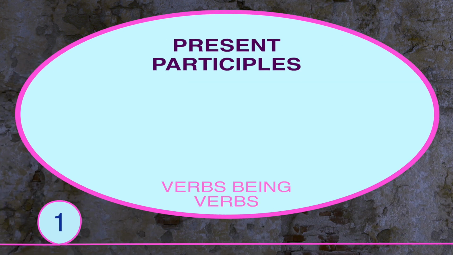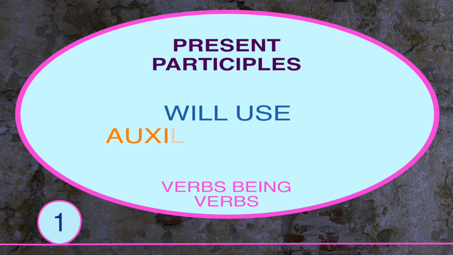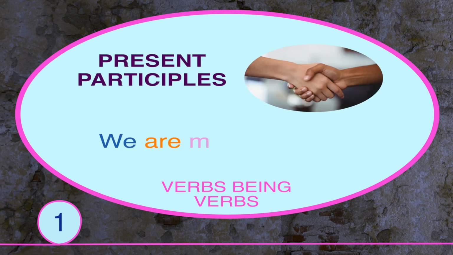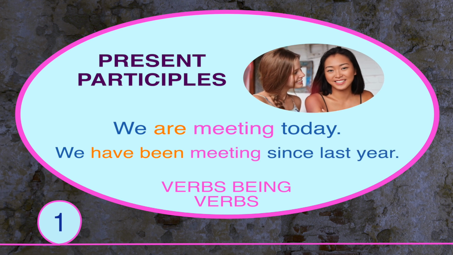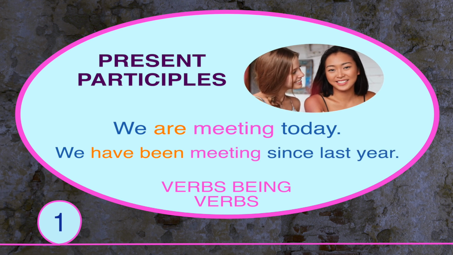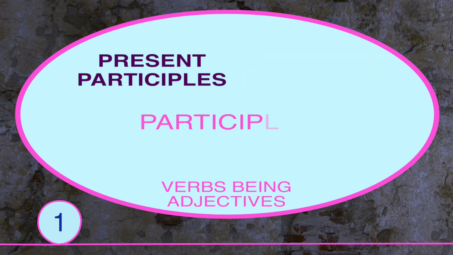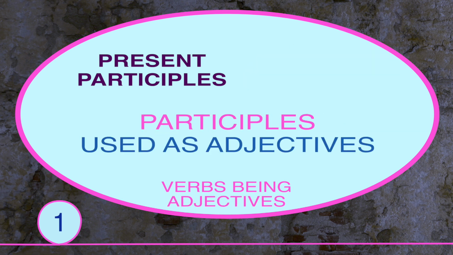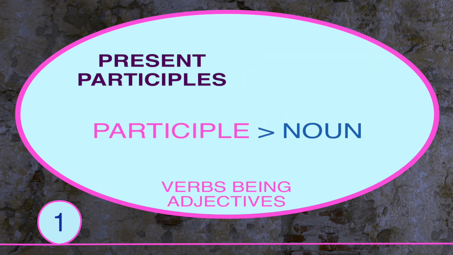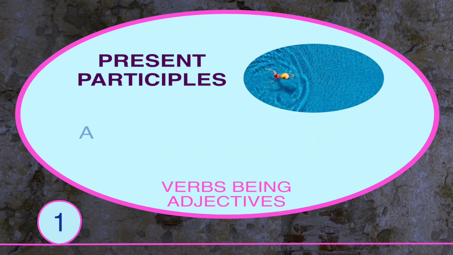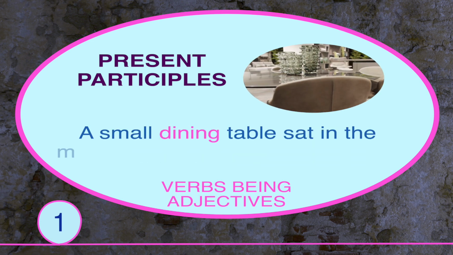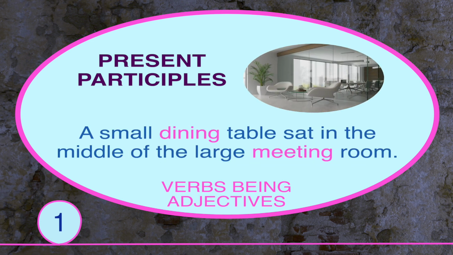Participles, when they are used as verbs, will have an auxiliary verb. We are meeting today, or we have been meeting since last year. Participles used as adjectives will come in front of another noun or form a compound noun. The running water was so refreshing. A small dining table sat in the middle of the large meeting room.